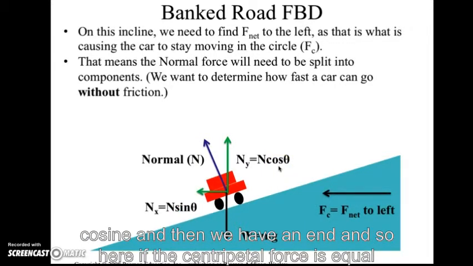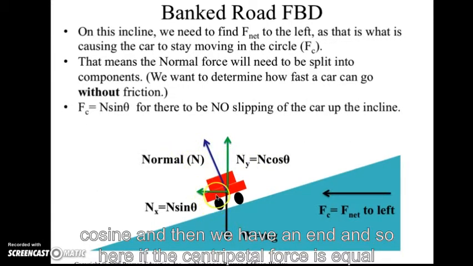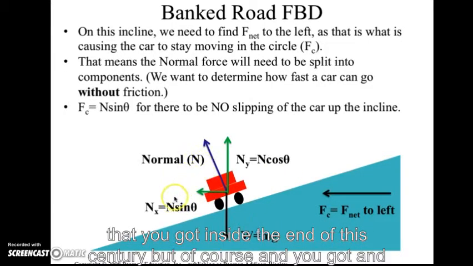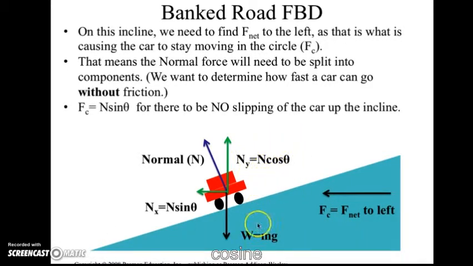And then we have an n sine component. If the centripetal force is equal to this, then the car will stay put. It won't start sliding up the incline and going straight. So notice that n sine of the angle is going to equal this centripetal force, and n cosine is equal to the weight, or mg.